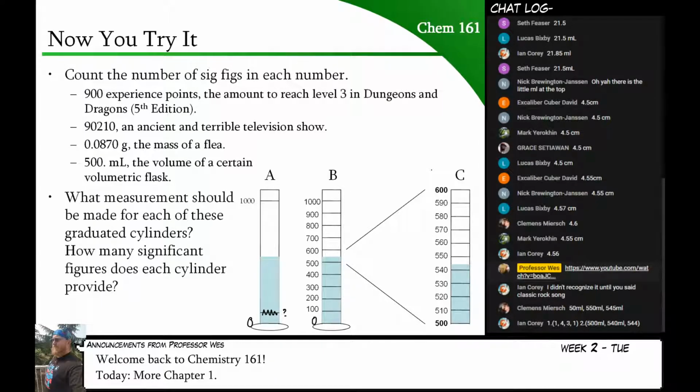All right, so let's look at these numbers as written here. 900 as written has just one sig fig because the other two zeros are placeholders. If I scribble out these zeros, I get the number 9, which is very different from 900.